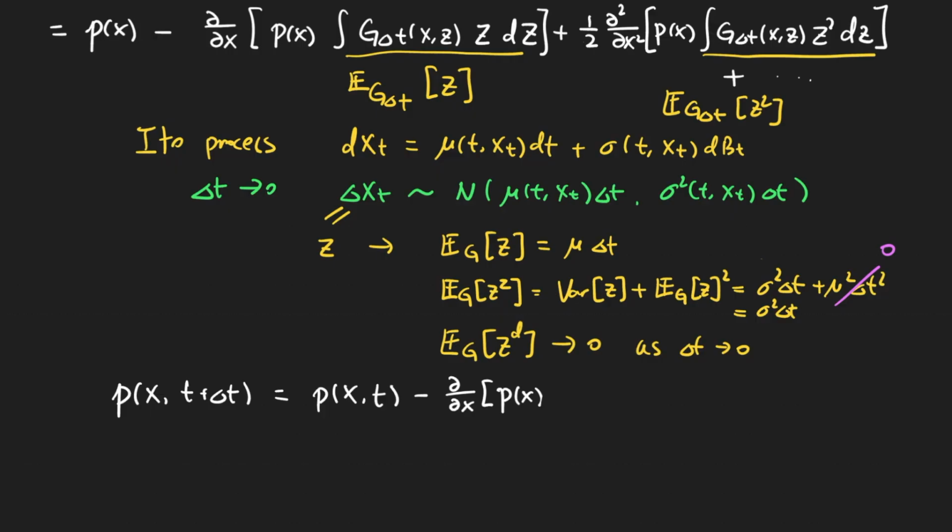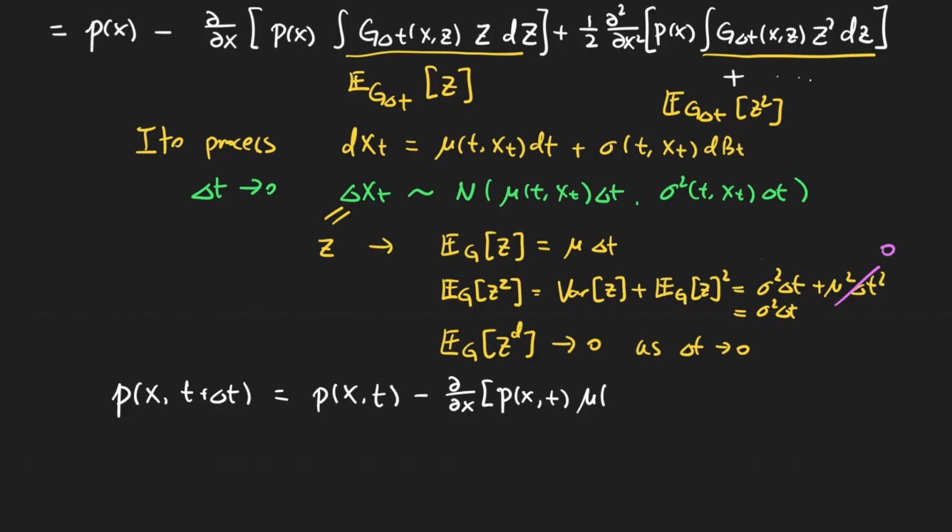Okay, let me just add the time parameter back to make things clear. And then we'll have the first moment equals mu times delta t. Okay, let me just spell out the mu, to indicate this is not a constant.